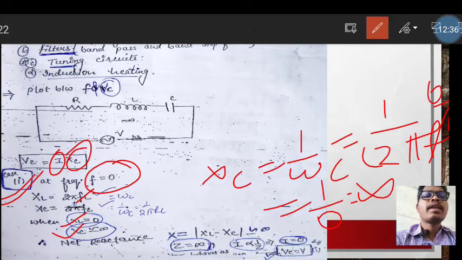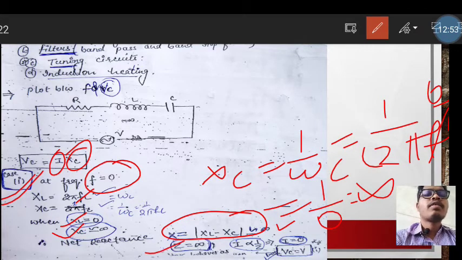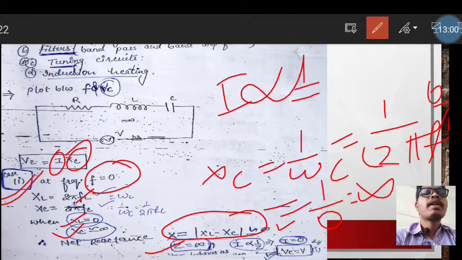And the net reactance X is equal to the magnitude of XL minus Xc. So XL is 0 minus the magnitude of Xc, that means infinity. So Z is equal to infinity. Impedance is very high. You already know I is inversely proportional to Z, so if Z is equal to infinity, then 1 divided by infinity is 0.